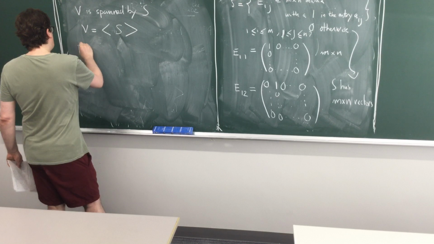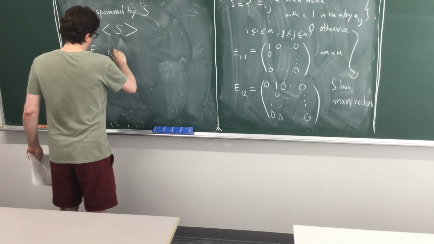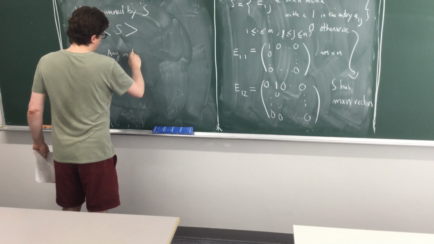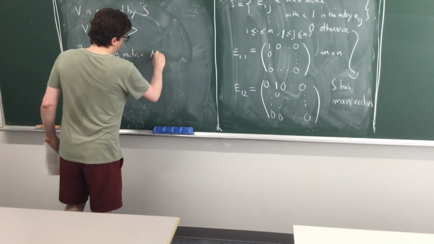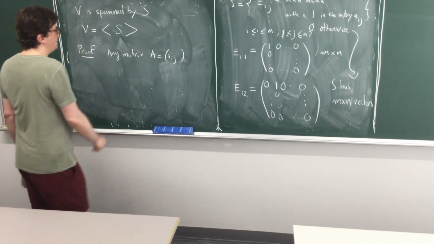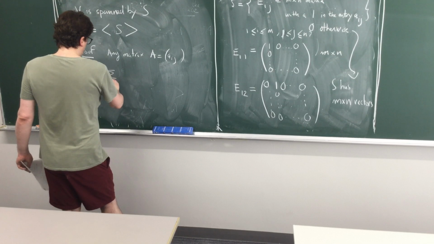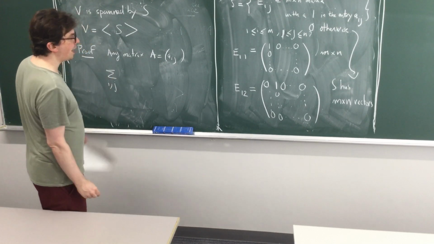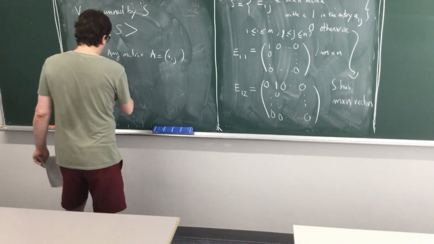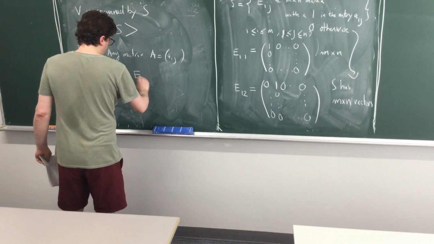And the proof again is just that any matrix A with entries Aij can be written as the double sum over i from 1 to m and j from 1 to n of Aij times Eij.